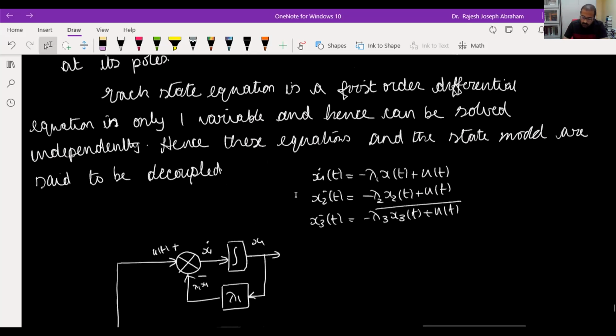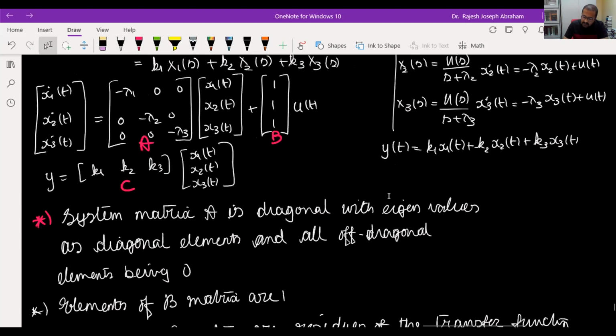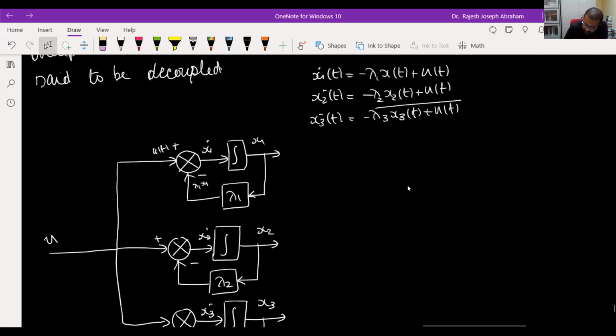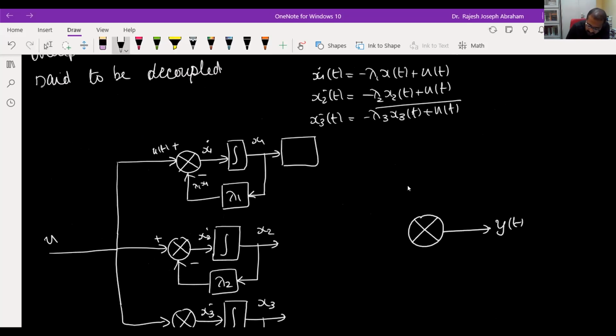Okay. Now, what's the output? Output y is k1 x1 plus k2 x2 plus k3 x3. So there should be another summing point here. This should be y of t. So from x1, it is coming at a gain of k1. So here is k1, and k1 x1 of t is coming at positive polarity.